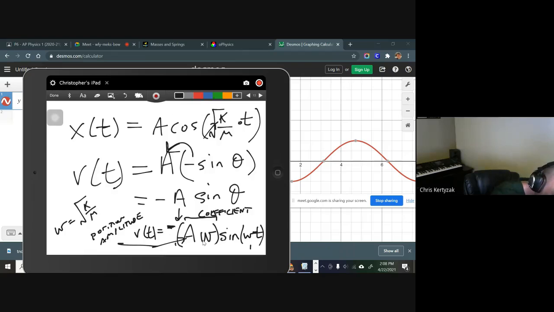A, position amplitude, times omega is actually V max. So this quantity represents the maximum speed. We usually think of that as max speed. The negative is already there to deal with the fact that the velocity is going to be plus when heading to the right and negative when heading to the left.